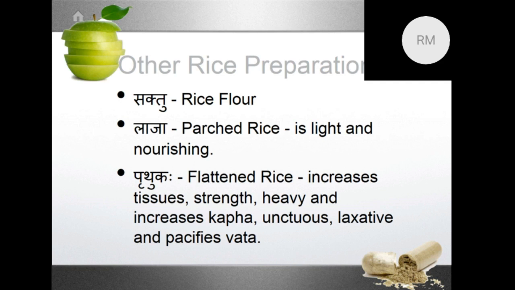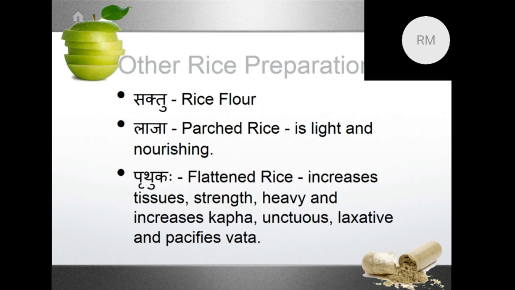Out of these three substances, the parched rice or the puffed rice has more medicinal properties. The rice flour as well as flattened rice are used for food substances. They are generally very heavy and they are not recommended for very long-term use.